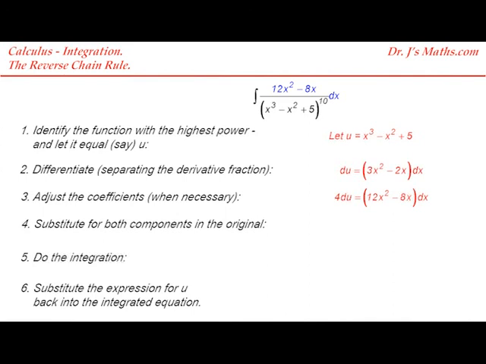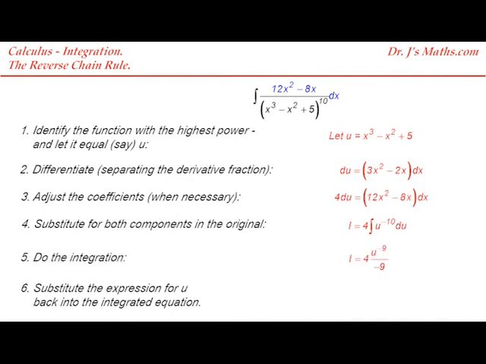Now, we need to use those two bits of information in respect to our original integral. So we can see that 12x squared minus 8x dx is equal to 4 du. So we can write 4 integral sign and then the du at the back. And the denominator is really u to the 10th, so we can write that as u to the minus 10 to save time.